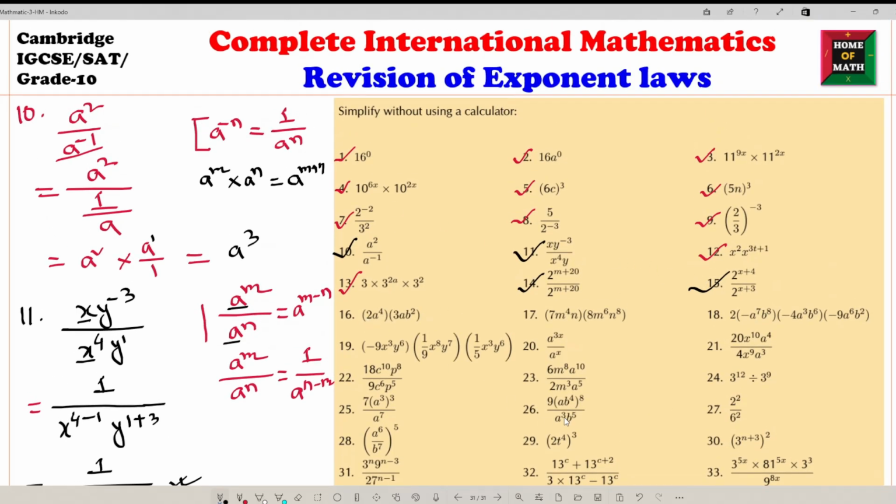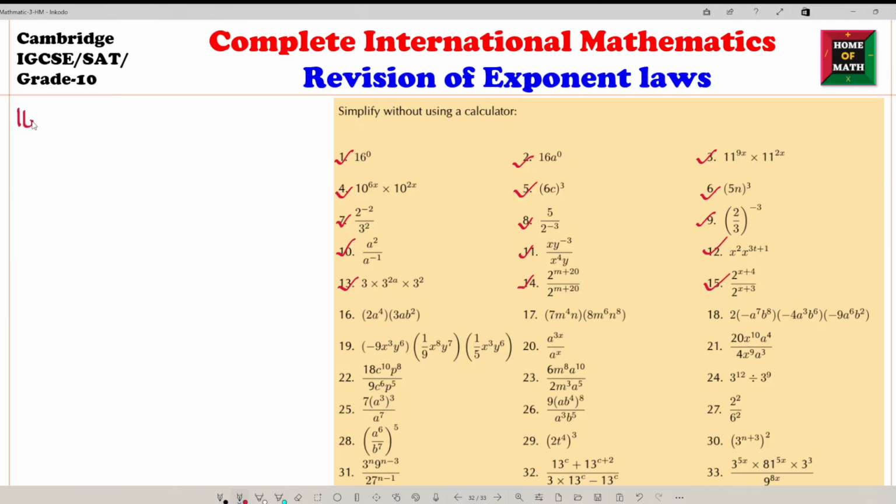Now, number 16. 2a to the power 4, then 3ab square. So first we can write like this, 2a to the power 4 times 3ab square. We remove the bracket, so instead of the bracket we use a product sign.